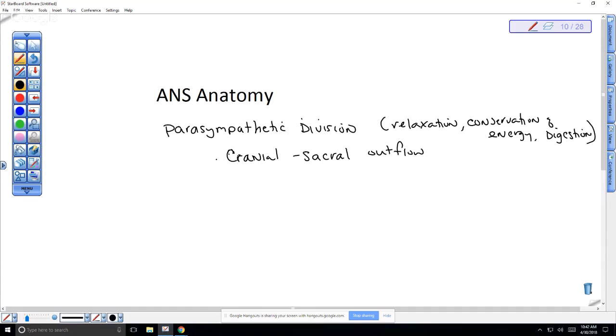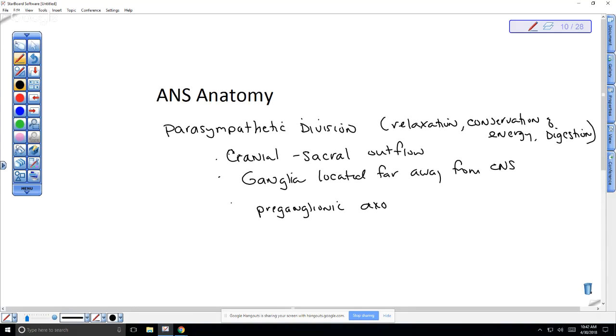The other thing about it is that the ganglia are located far away from the central nervous system. And so when we talk about this, we would say that the preganglionic axons are long, right?